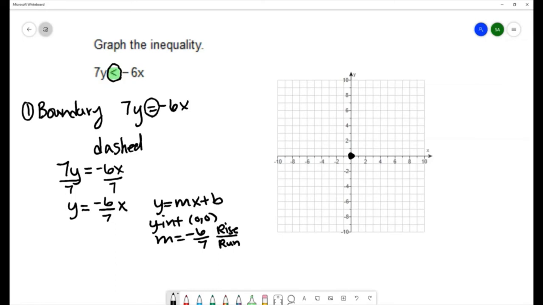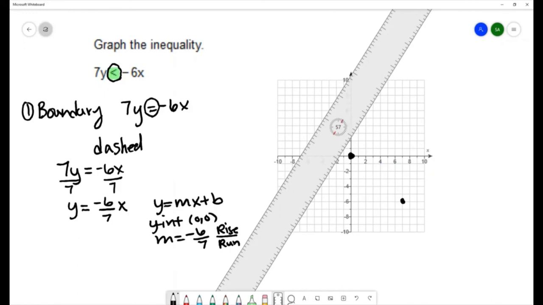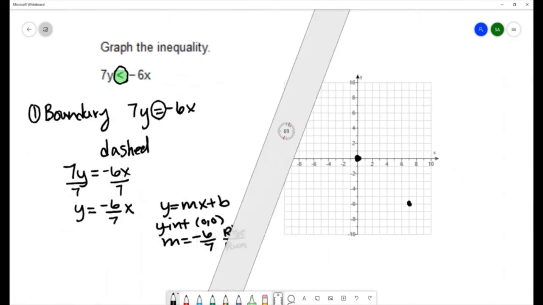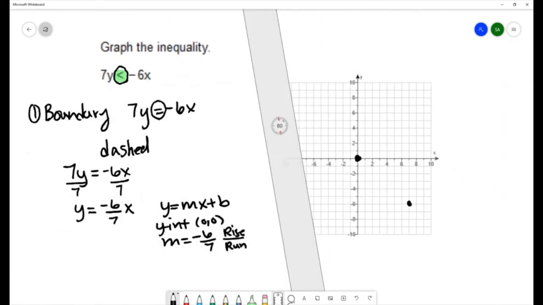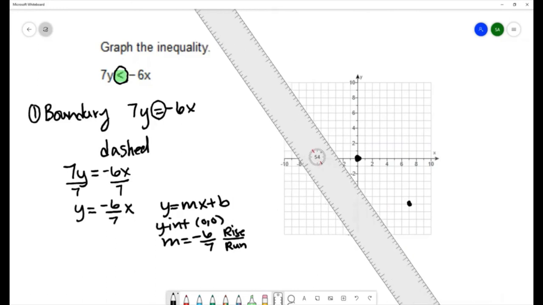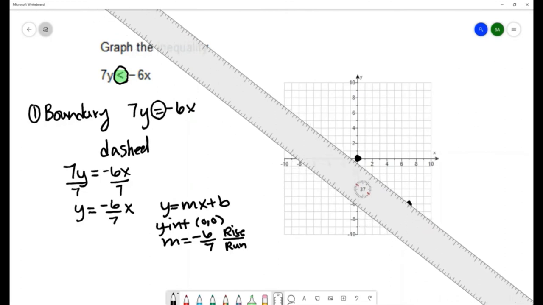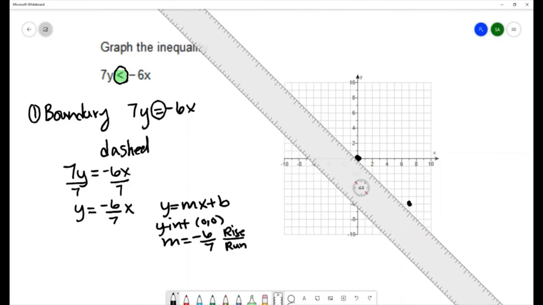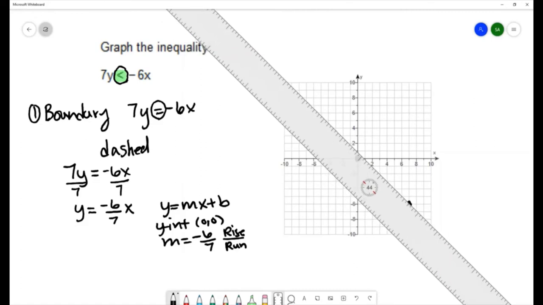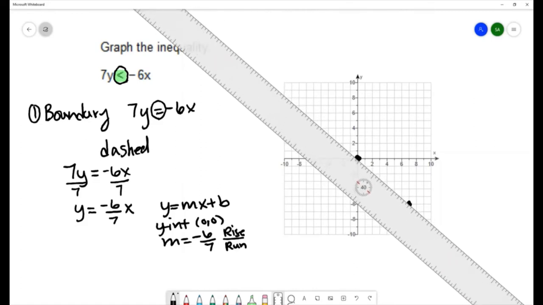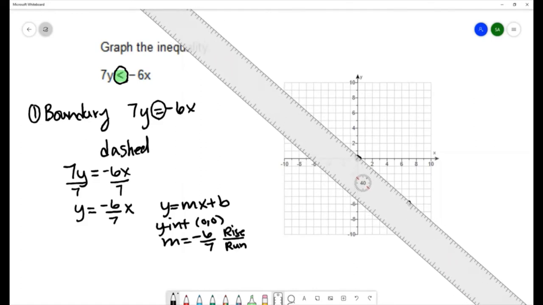So down 6 and over 7 would get me to this point here. And we're going to connect those 2 points with a dashed line to indicate that the boundary is not included. All right, so let's connect those two with a dashed line.